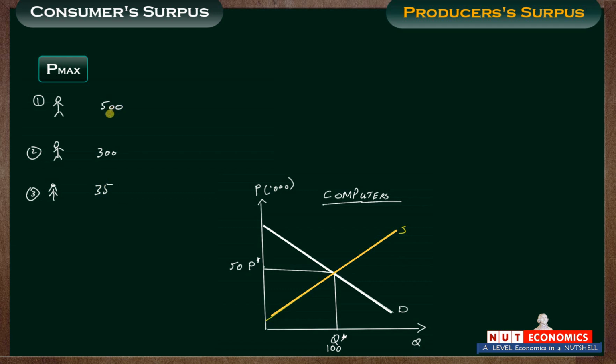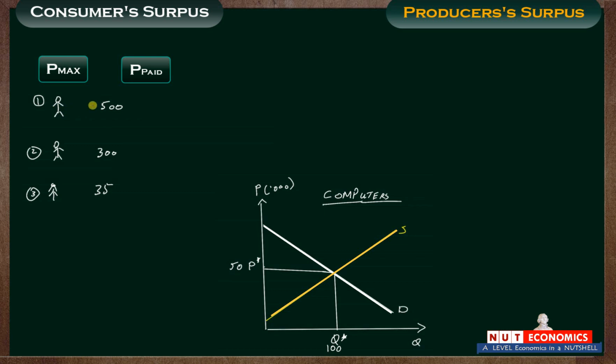Now, as compared to the maximum willingness to pay of all these various consumers, the price that they will actually have to pay, let's call that PA, the price actually paid, is simply the market price of 50,000 for a computer.